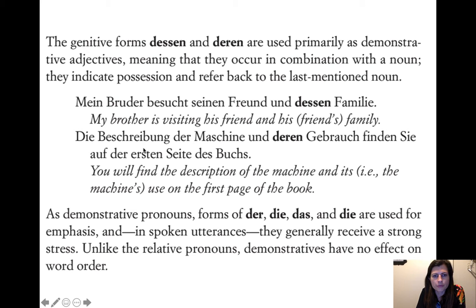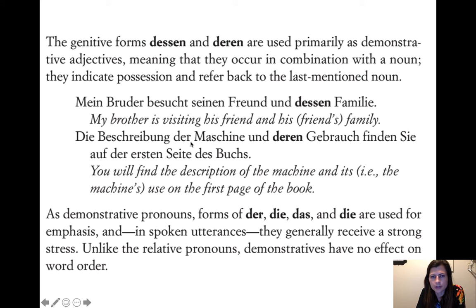so these are both feminine, and then und deren Gebrauch. So you want to say the description of the machine and its use, as in the use of the machine. So the thing is, since they're both feminine, you wouldn't know if you said ihren Gebrauch, right? Die Beschreibung der Maschine und ihre Gebrauch.